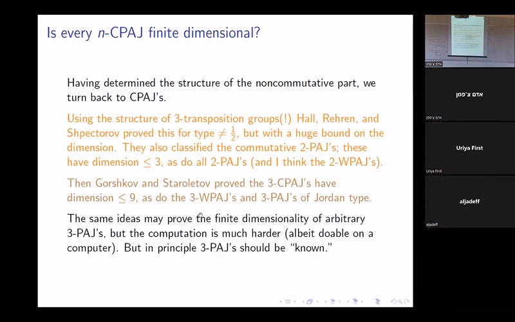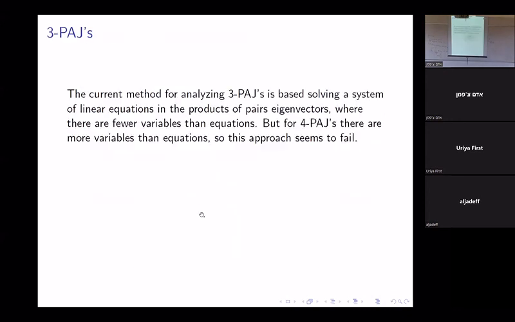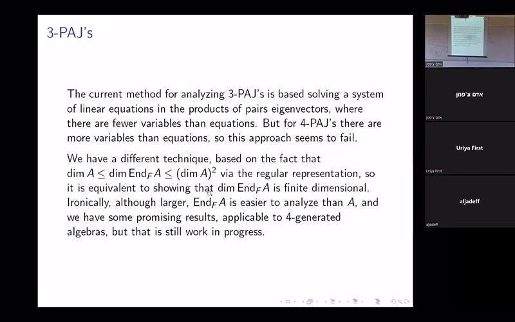And so we've been working on trying to generalize the proof to 4, and it's difficult. It's very interesting.